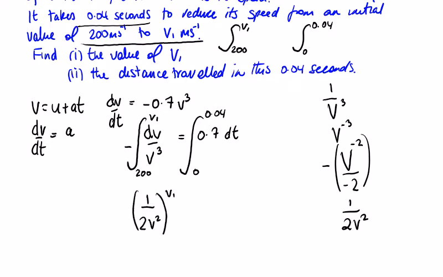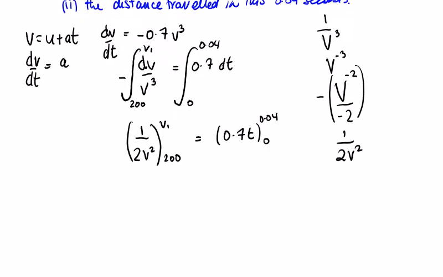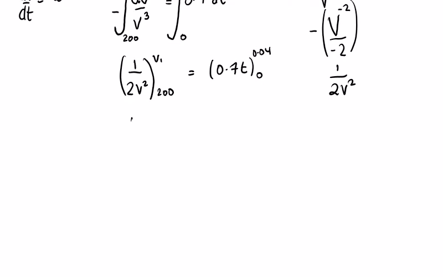So that's what I get here, 1 over 2v squared between v1 and 200 is going to be equal to 0.7t between 0.04 and 0. So that will get us to 1 over 2v1 squared minus 1 over 2 times 200 squared is equal to 0.7 by 0.04, and the 0 will just be a 0.